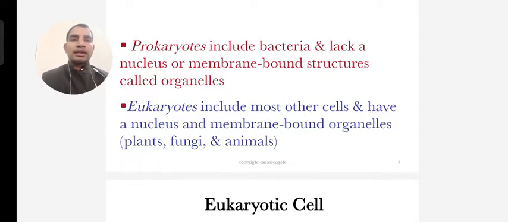And second is eukaryotic cells, which can make their own food. These are called eukaryotic cells, and they are found in living things like humans, plants, fungi, and animals.